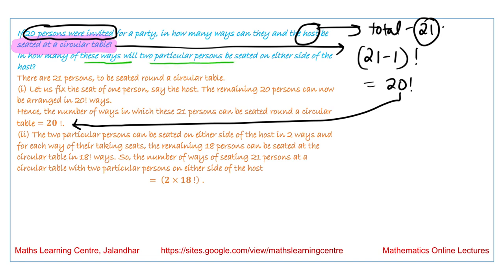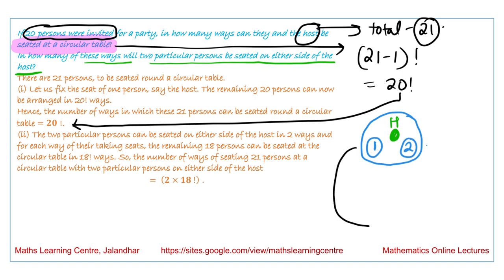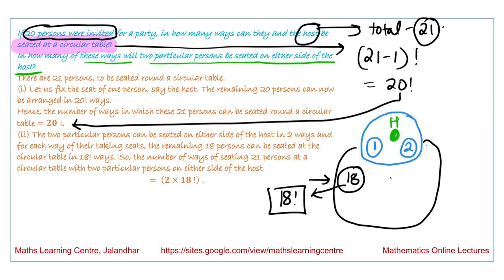Next is, in how many of these ways will two particular persons be seated on either side of the host? Suppose the host is sitting at this place, and two particular persons are sitting on either side, this is person 1 and this is person 2. We are considering this as one entity. Now how many persons are left to be arranged in this circular way? The number of persons left is 18, and these 18 persons we arrange in 18 factorial ways.